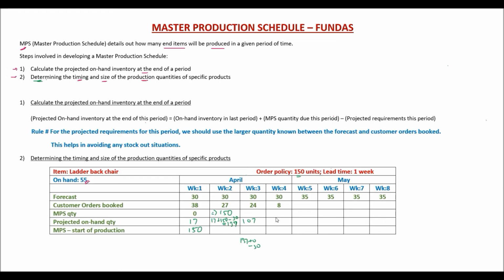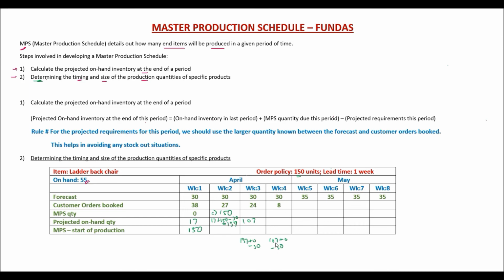Now let's go to week 4. So again MPS is 0. And now the calculation becomes the on hand inventory in last period, which is 107, plus the MPS quantity due this period, which is 0, minus the projected requirements this period, which is 30.